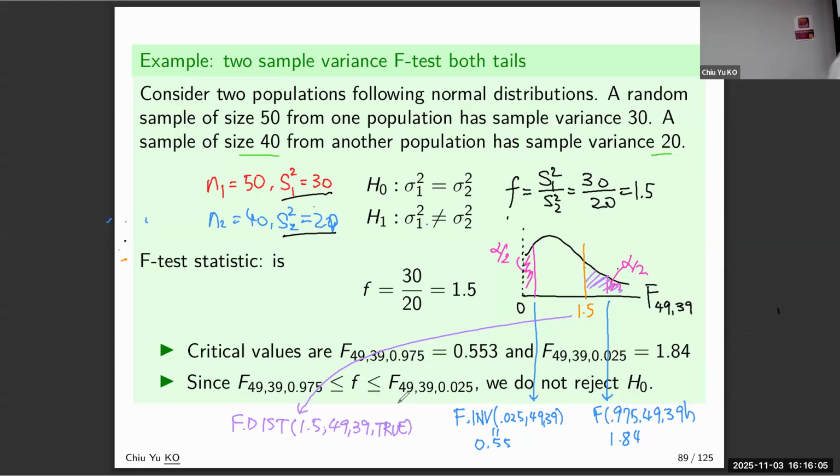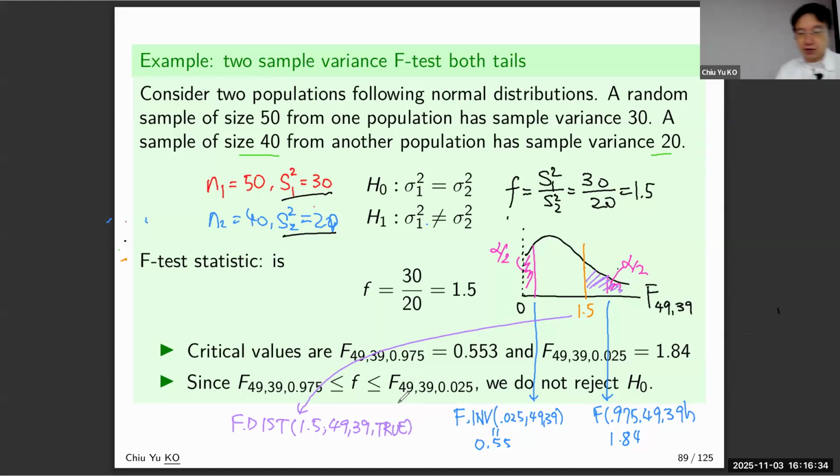And check whether this number is more than 0.5 or less than 0.5. If less than 0.5, multiply by 2. If more than 0.5, take 1 minus this and times 2. So in Excel, it will be the minimum of this and 1 minus this, times 2. So the Excel formula is slightly more complicated.